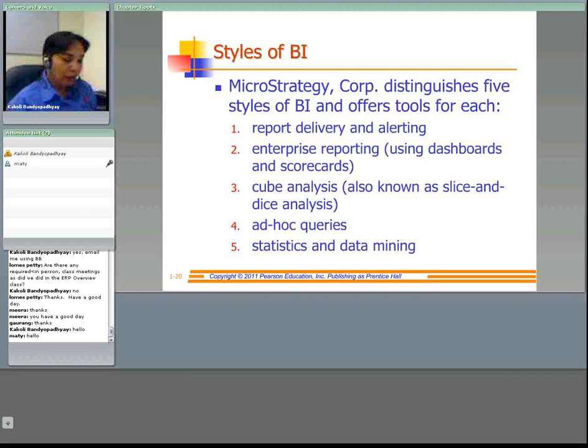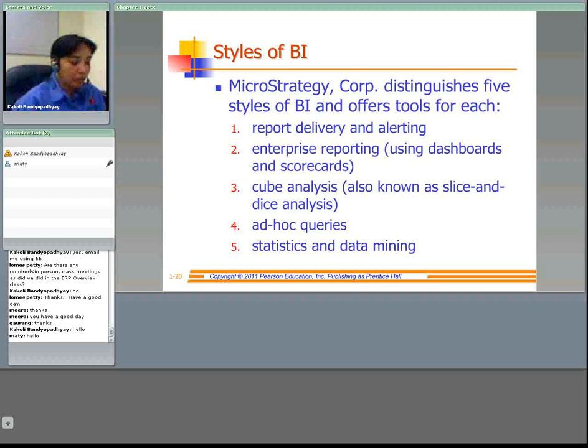We talked about dashboards. We talked about the benefits of BI. We talked about event-driven alerts. We talked about the differences between online transaction processing and online analytical processing. We talked about different kinds of online analytical processing applications.